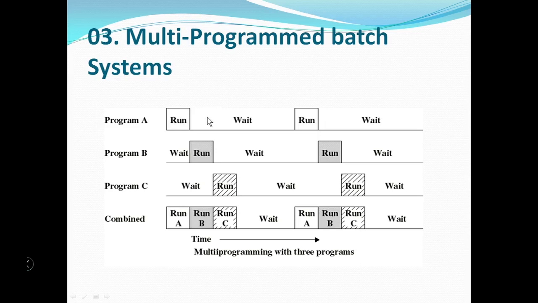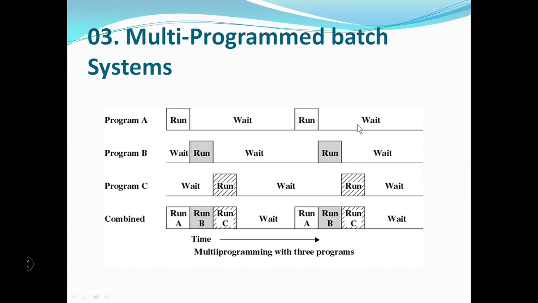In that case, the CPU has to wait until the IO operation is done. After the IO operation, program A again starts to execute. Let's say program A wants to do some IO operations again.